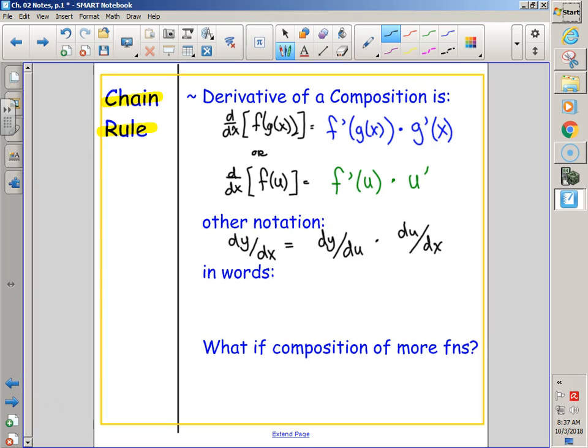And so in words we can say dy dx, the derivative, is equal to the derivative of the outer, keeping the inner unchanged. I could just say "of," but I think a lot of you guys would get lost in that. Derivative of the outer, keeping the inner where it is.